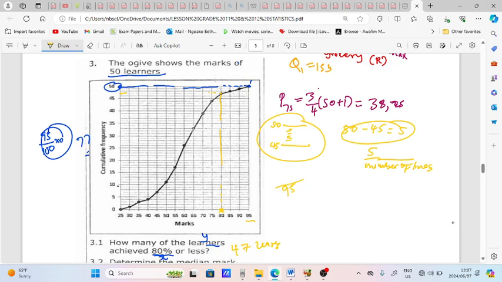And then this learner maybe got 70, but they still ask you about the percentage. How many learners obtained 80%? It means you must come here and multiply this by 80%. Now this will give you the answer where to go to spot it. Is that clear?